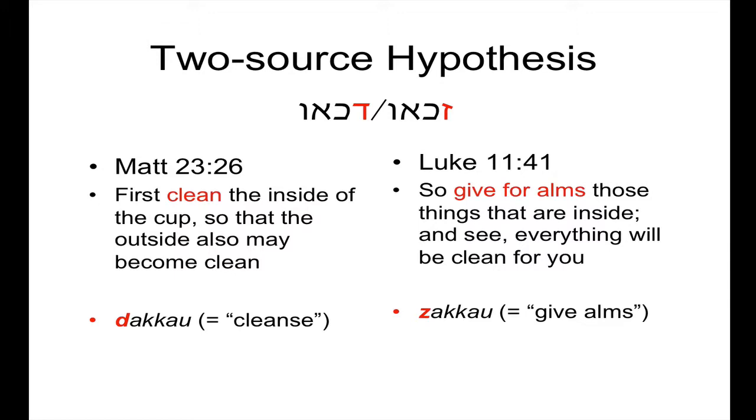Well, if you imagine, Jesus is of course teaching primarily in Aramaic. What if you retrovert these Greek sayings into Aramaic? You realize that the word for cleanse is dakao, and the word for give alms is zakao, and the dalet, the D, and the zayin are very similarly shaped letters.